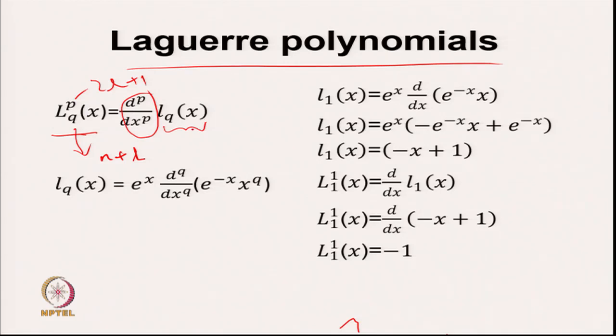What is this L_q(x)? It is e^x multiplied by d/dx to the power q, of e^(-x) times x^q.